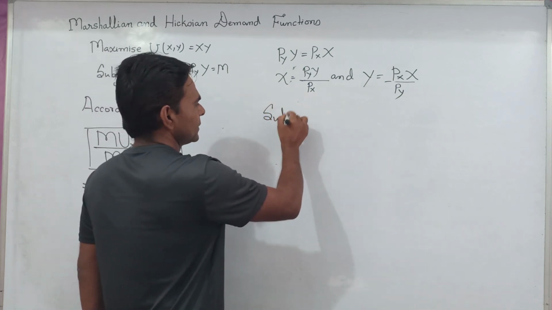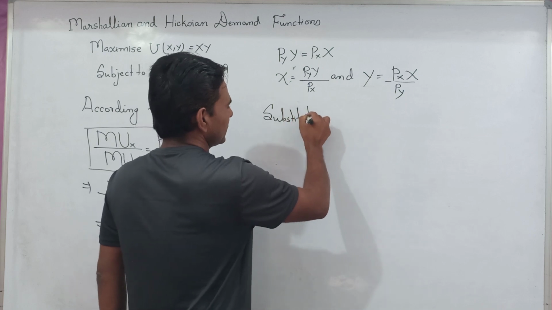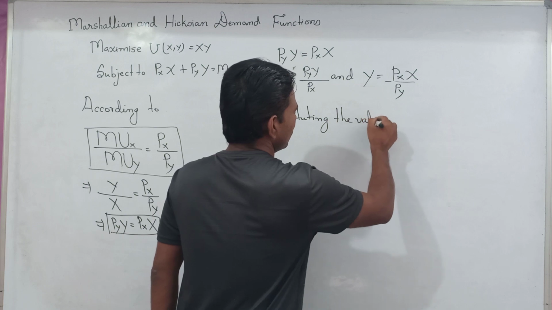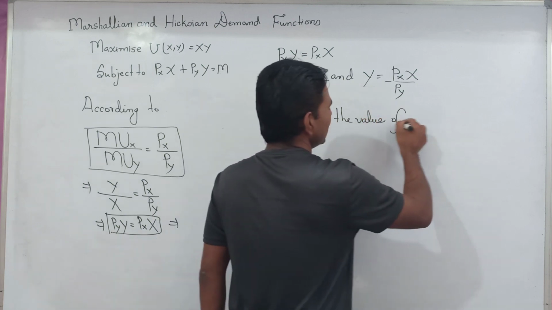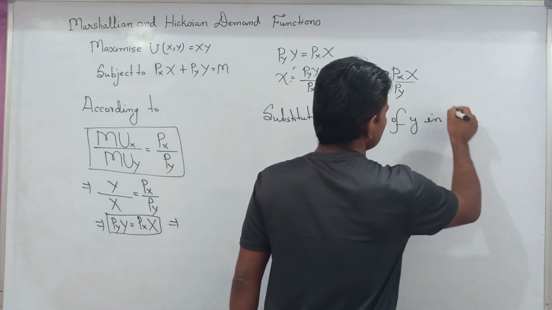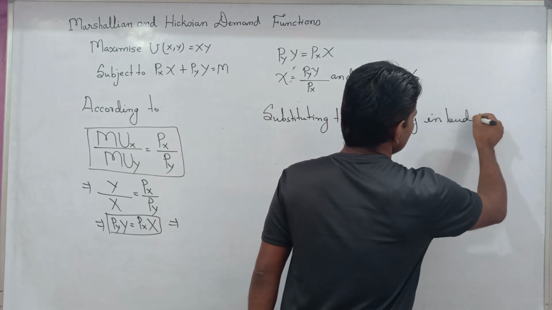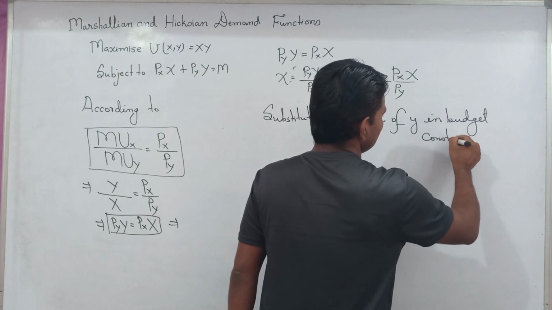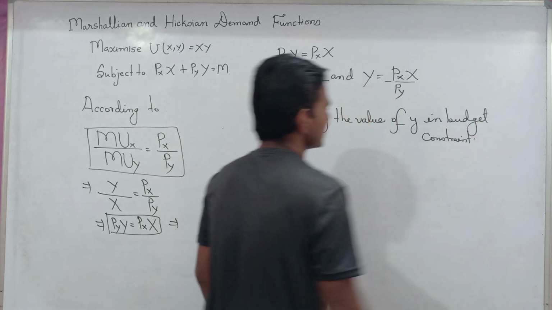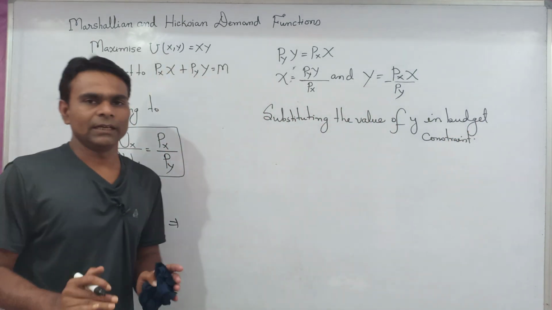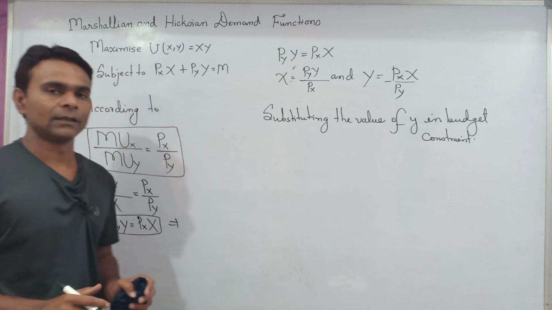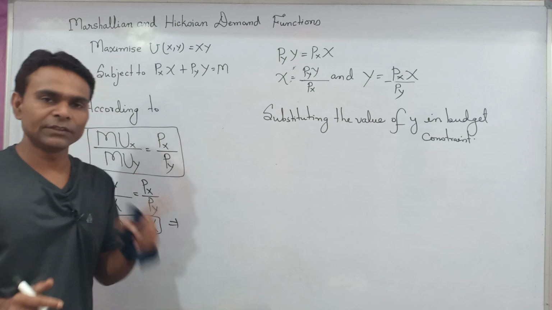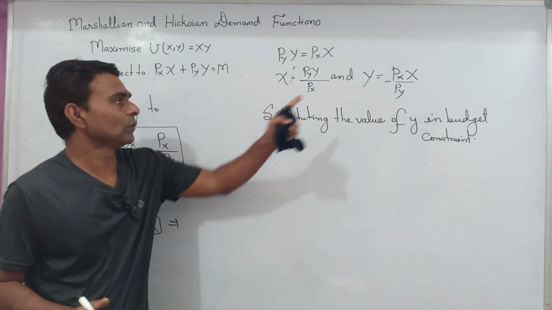Substituting the value of y in the budget constraint. If we are interested to get the Marshallian demand function for commodity X, we need to substitute the value of Y in the budget constraint.